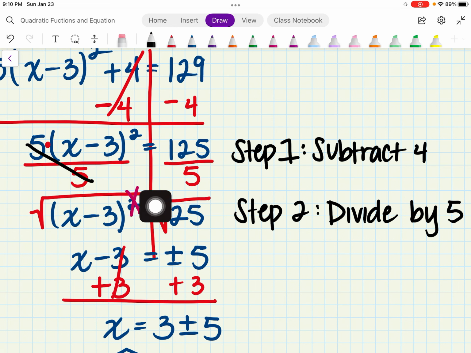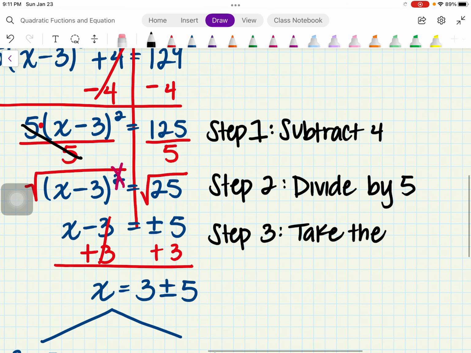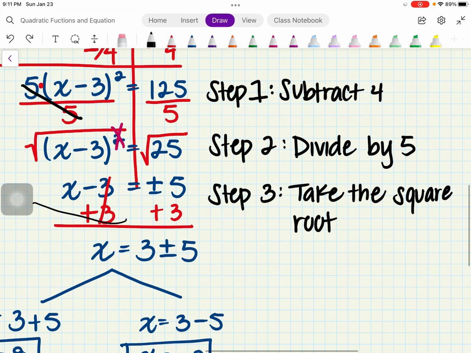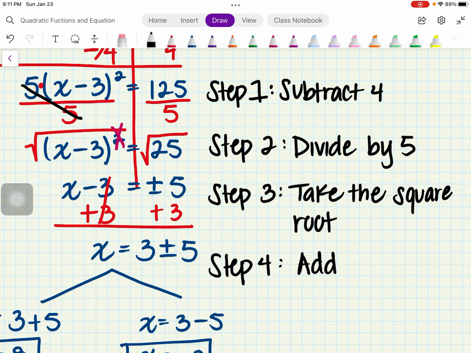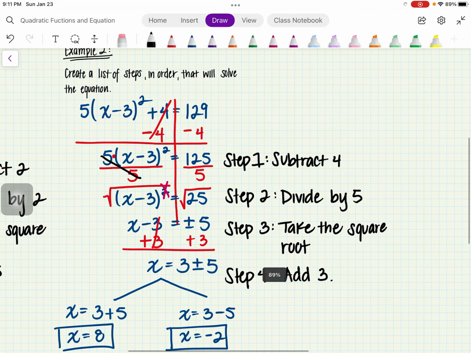Next step in this case, what we did here is we're going to go ahead and take the square root. And our final step in this case, guys, would be step 4, to add 3. All right. So those would be my steps in order for us to solve for x.